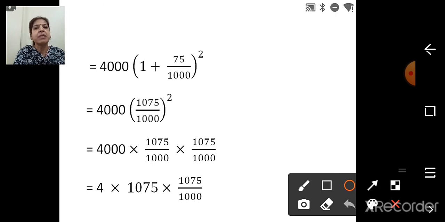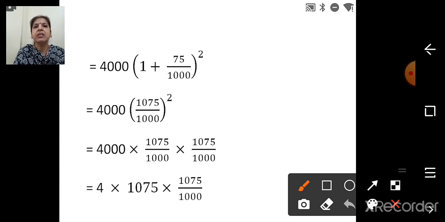The decimal which we removed had 1 digit, so if it is removed in the numerator, then in the denominator we write 10, that is 1 decimal, so we multiply by 10. 100 into 10 is 1000. You have learned how to remove the decimals, right? So it has become 75 upon 1000, and then raised to 2.